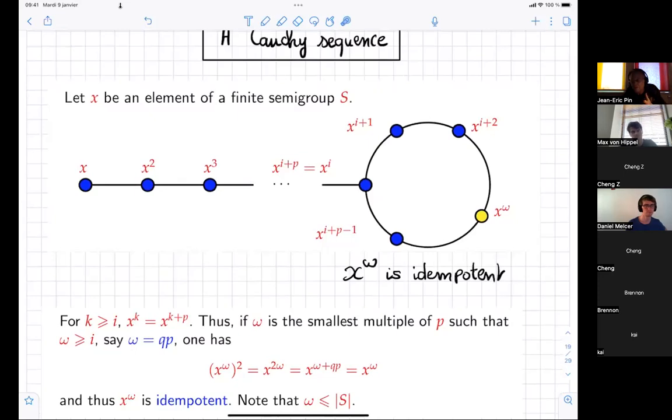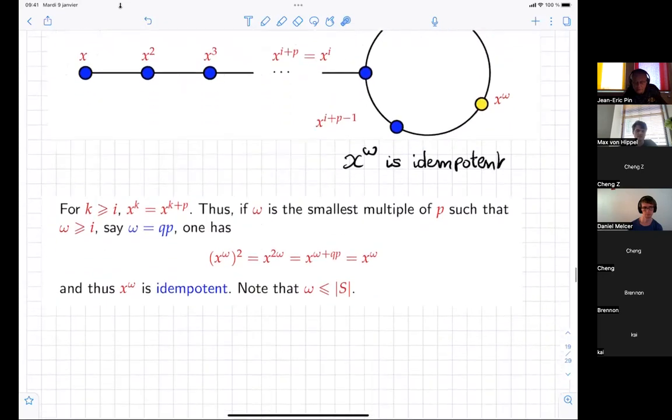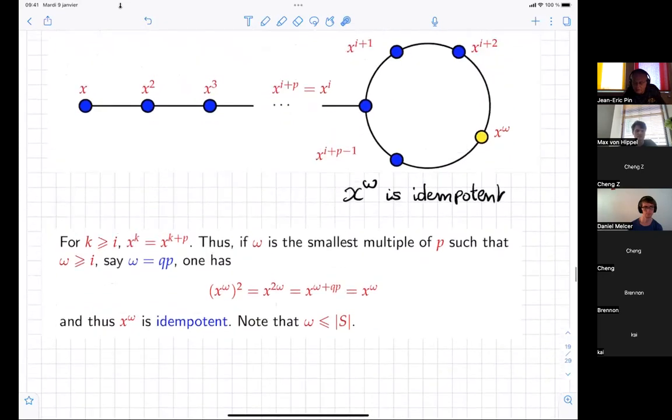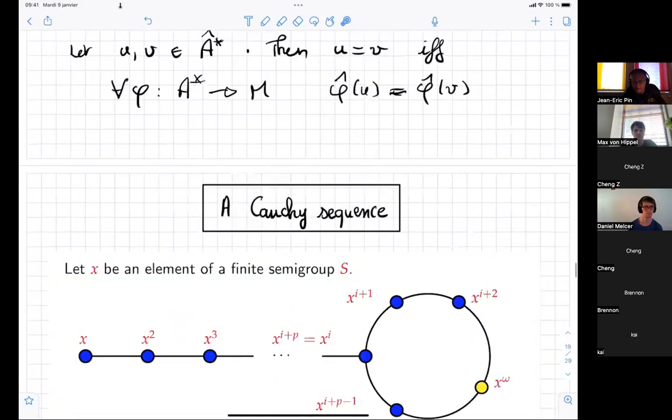In this case, it is very easy. The maximal group is just the cyclic group over here. That's exactly what it is. So here is a short proof. I don't know if you want to read it, but all I need to know is that if I take an element x, some power will be an idempotent. I denote this by x to the omega.